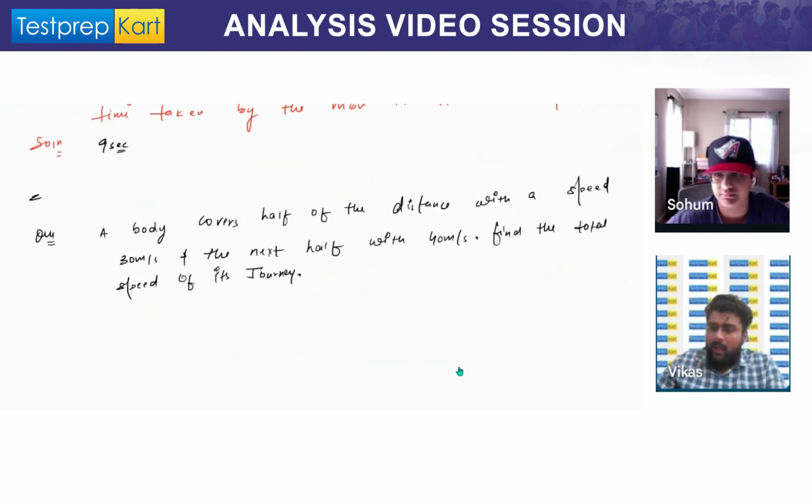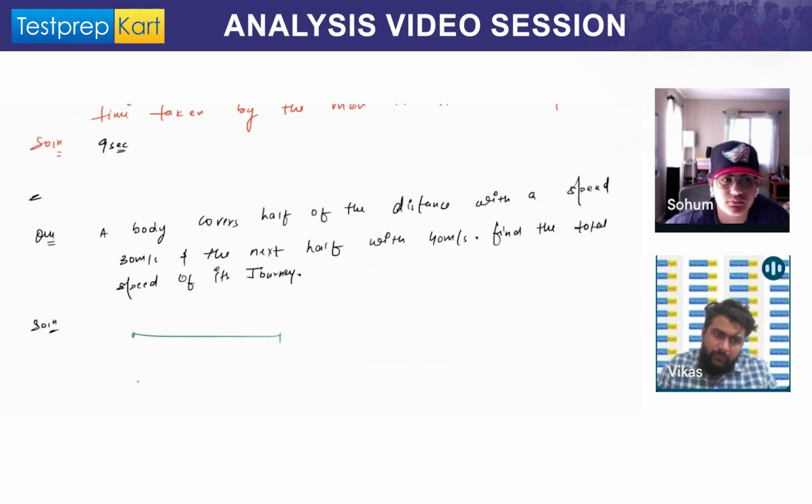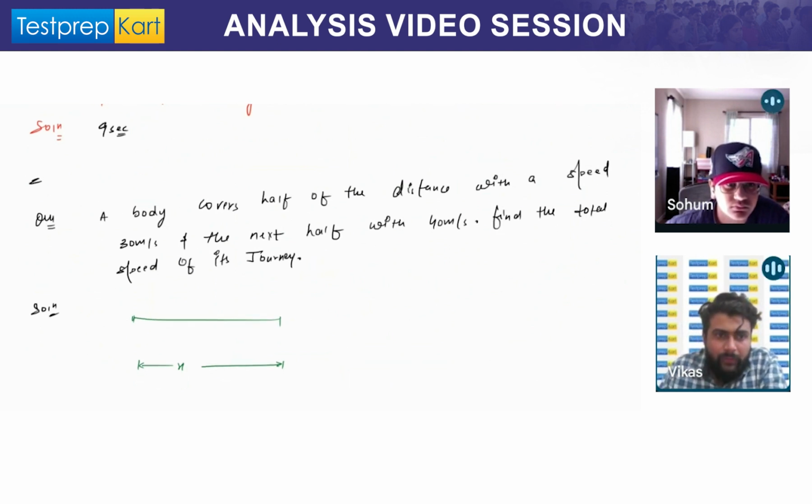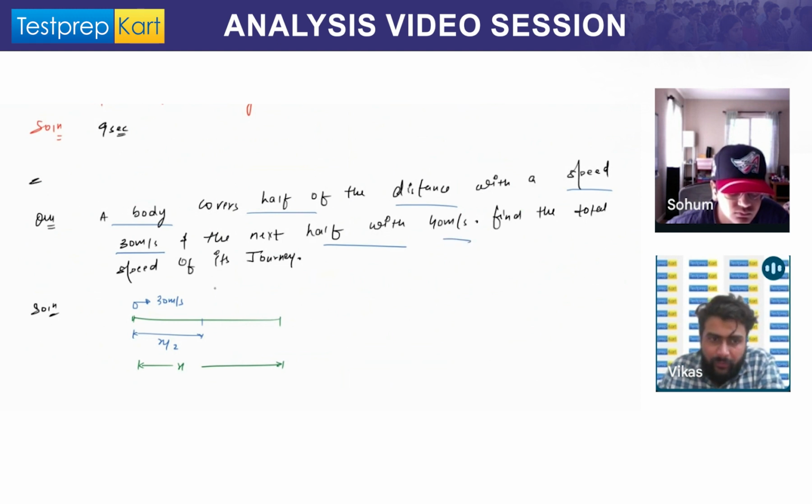Consider the whole journey that you travel to be X. So X is the distance traveled by you. Now, a body covers half of the distance with a speed of 30 meters per second, and the next half with a speed of 40 meters per second.